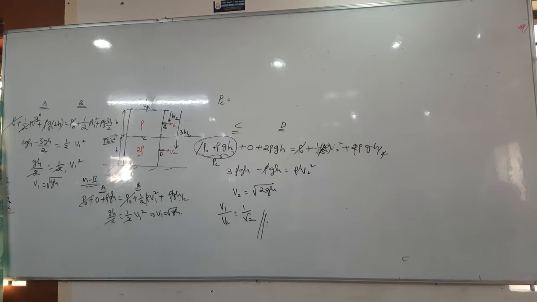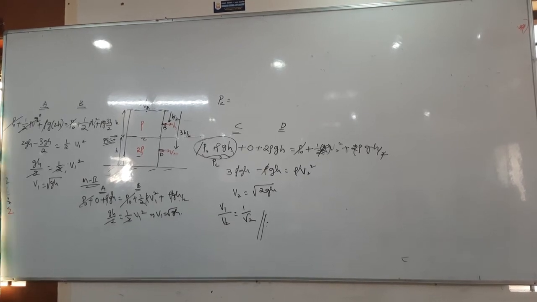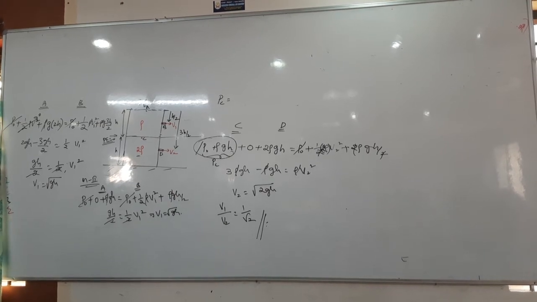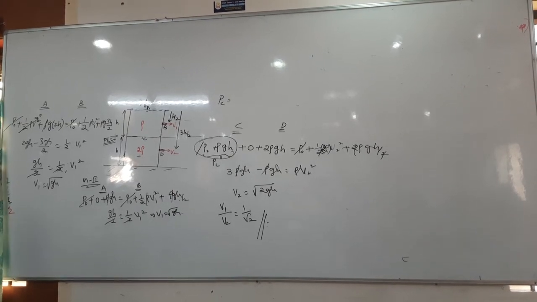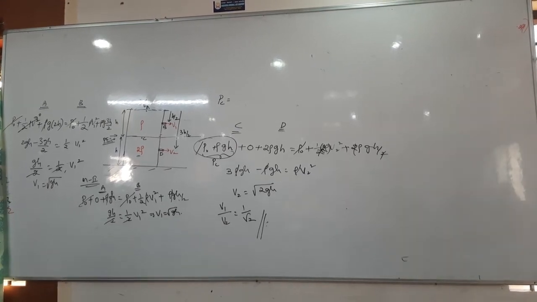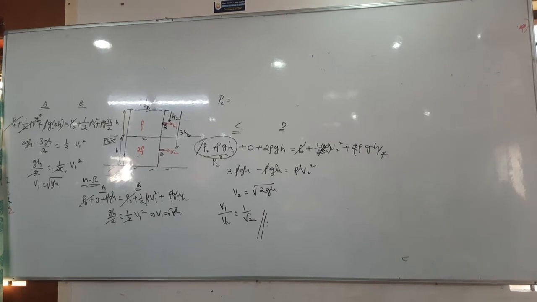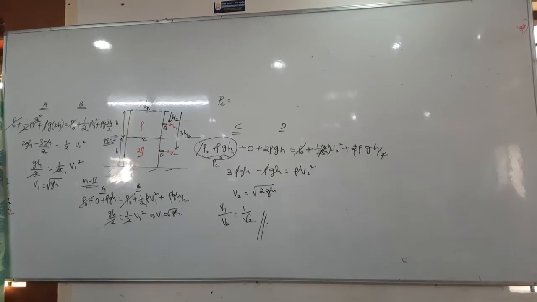Write a problem. A cylindrical tank, 1 meter in radius, rests on a platform 5 meters in height.